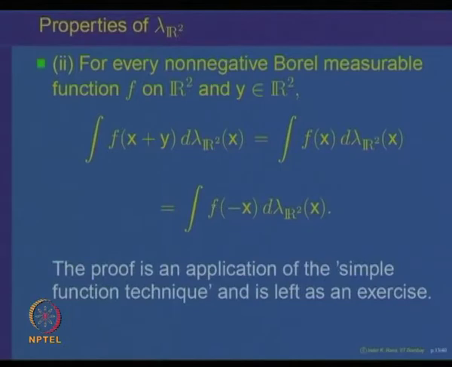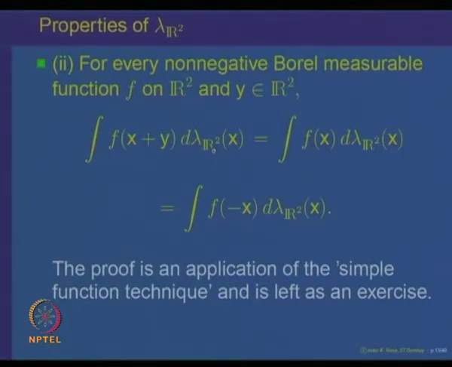And now, in this proof, one more observation we want to make is the following. In the proofs of these two things, we have not used anywhere the fact that lambda is especially the Lebesgue measure. Essentially, we use the fact that this measure lambda R 2 is translation invariant.